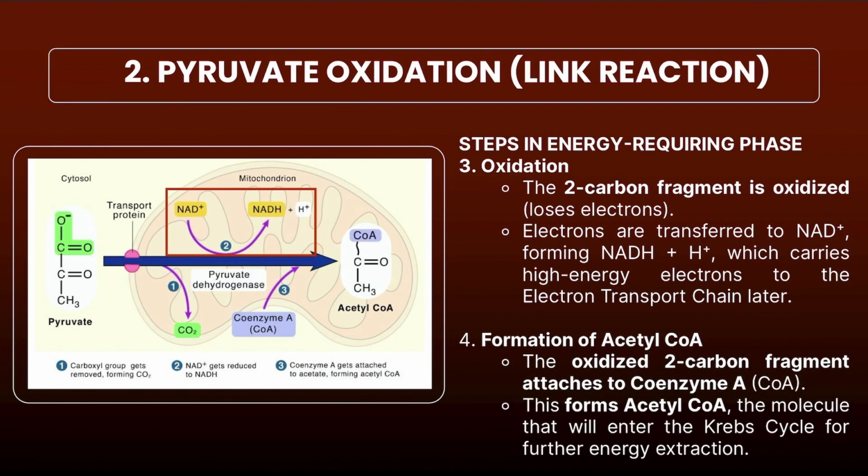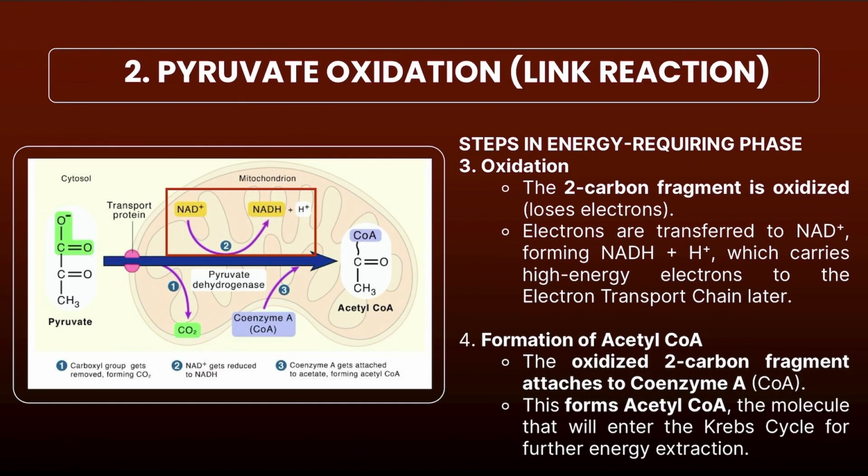Now that the pyruvate is a 2-carbon fragment, it will be oxidized, which means it loses electrons. During this process, NAD plus picks up the released electrons and hydrogen ions to form NADH and H plus.